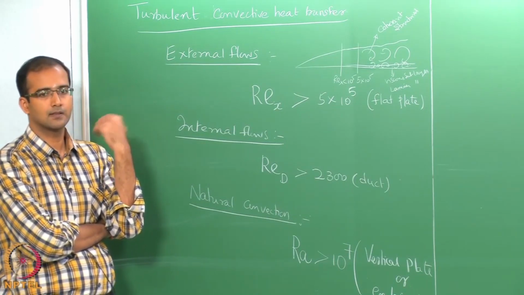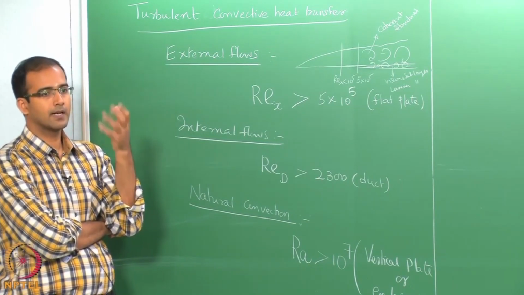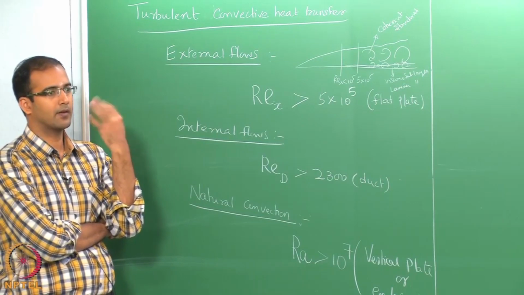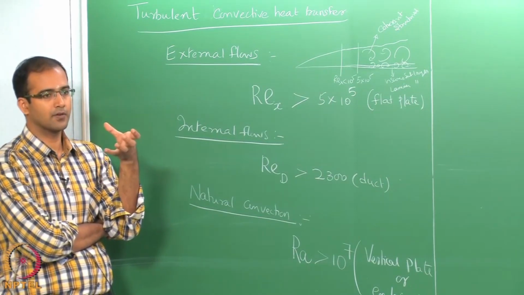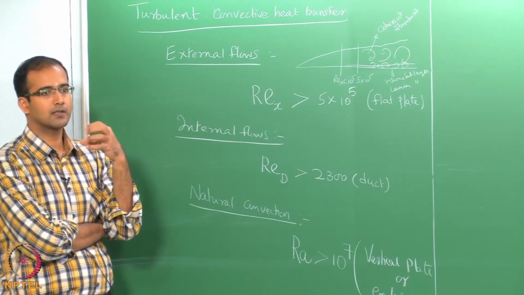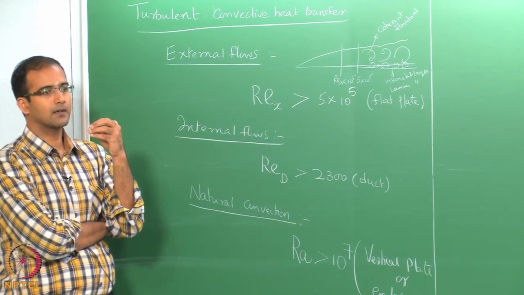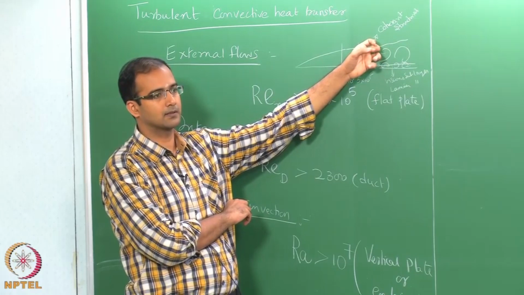Outside this it is all turbulent, and the turbulent motion will dictate the velocity profile, temperature profile, and the characteristics of the flow field and temperature field, okay. The effect of molecular viscosity and thermal conductivity will not be significant outside the viscous sublayer, okay.